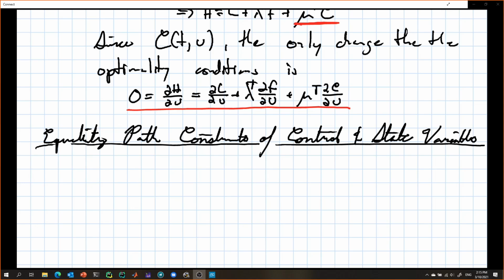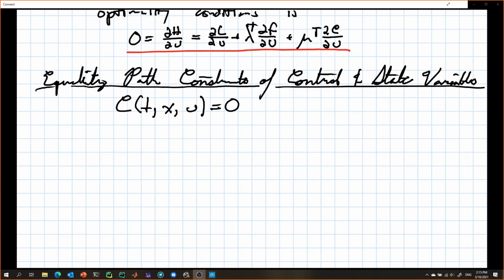So now we have C still, but we have C of time, state, and control, and then that is equal to 0. So we adjoin the constraint, as expected.